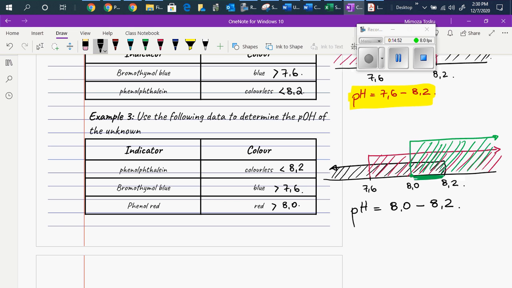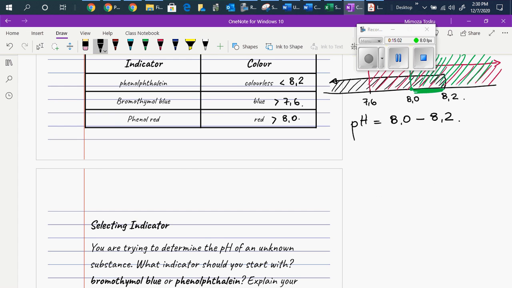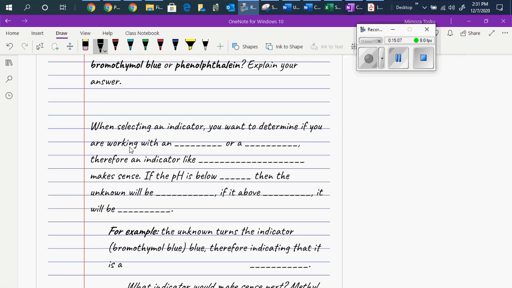The more indicators you use, the more accurate it is. When you are selecting an indicator, you want to determine if you are working with an acid or with a base.